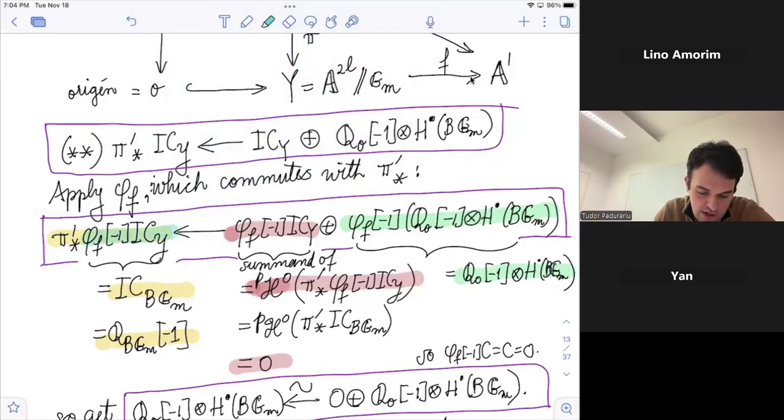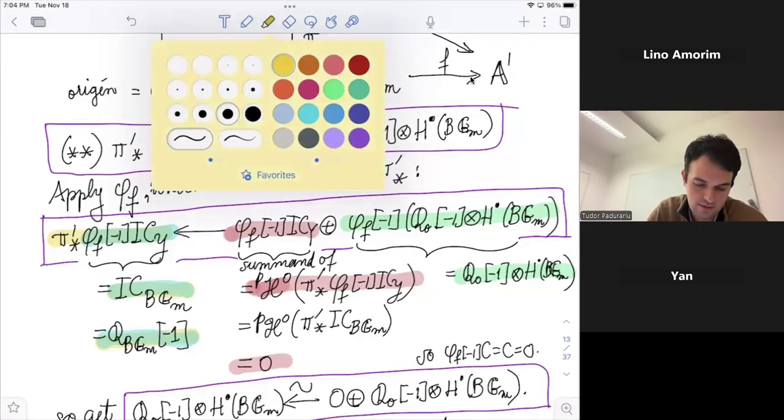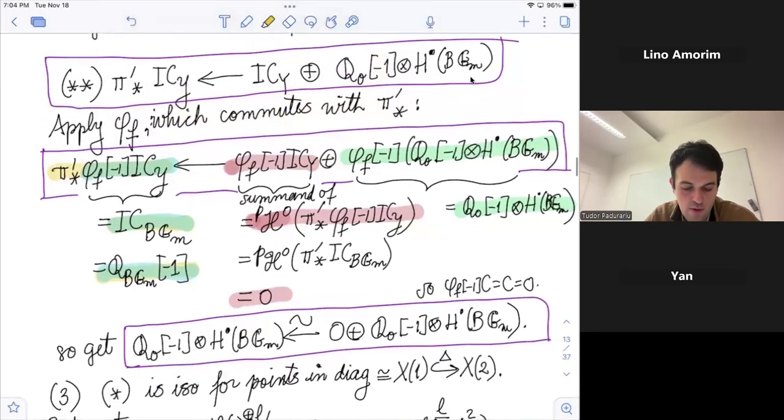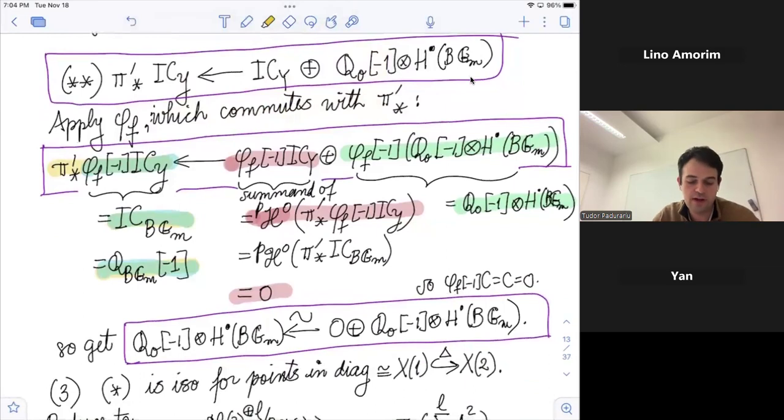The computations were done without taking into account the push forward. So now we take the push forward, and the push forward of Q_BGM is just the constant sheaf at the origin, that's the cohomology of BGM. And on the right-hand side, we have 0 plus the constant sheaf shifted by -1 times the cohomology of BGM. So this means it's an isomorphism after applying vanishing cycles, so the cone was 0.